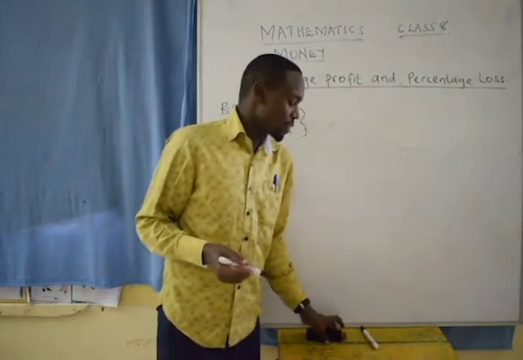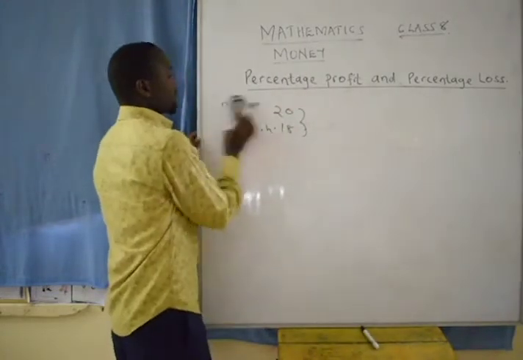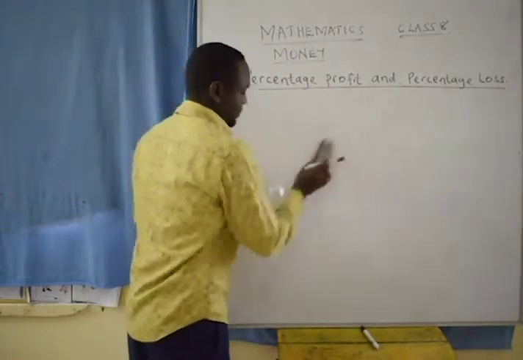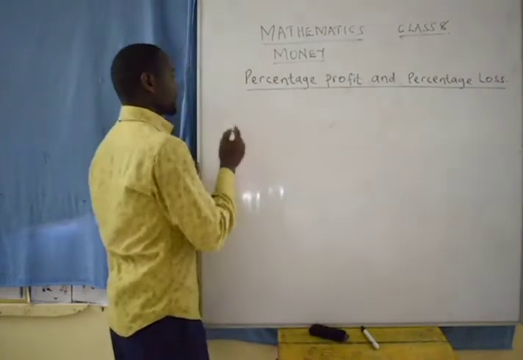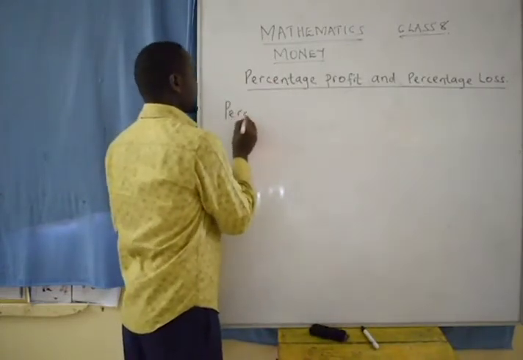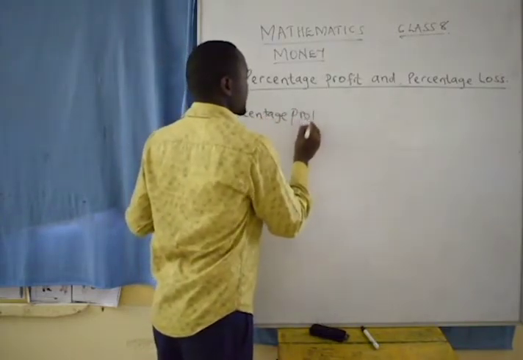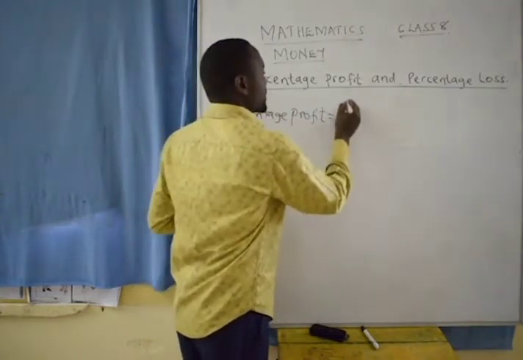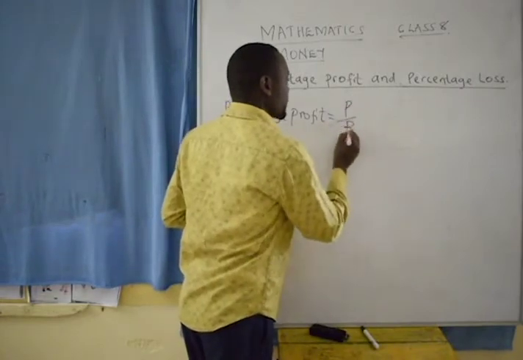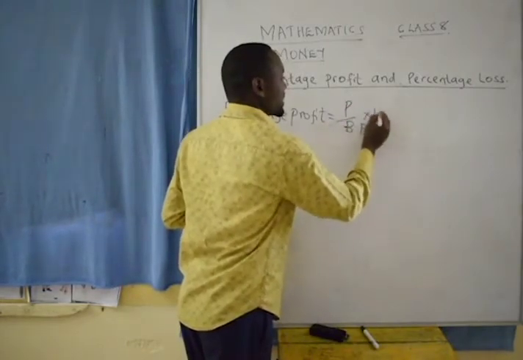In this case, we are going to look at percentage profit and percentage loss. Percentage profit is given by the profit over the buying price times 100.